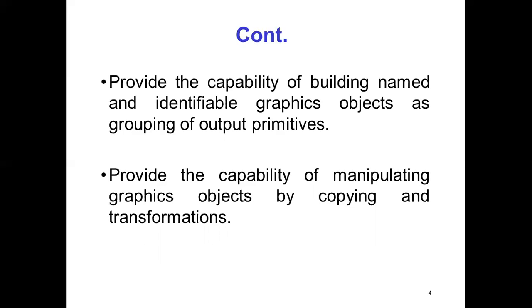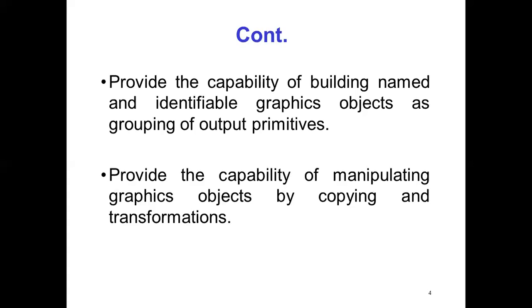Then we can write this is the origin, and also write the coordinate 0 comma 0, etc. So the package must have the facility to write text either on the x-axis, y-axis, z-axis, or somewhere else on the screen.